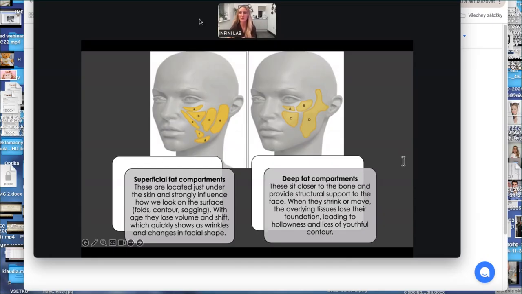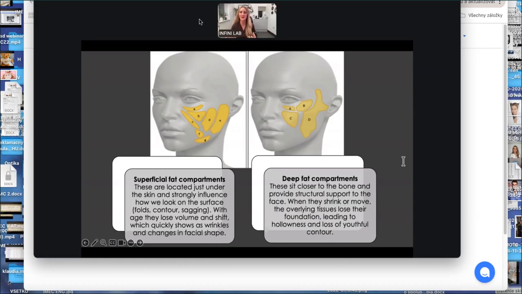So simply speaking, the more body fat we have, the larger the deep fat pads, and probably on the face we're going to have that too. How can I explain that really quickly? Imagine two people you know, one who is really thin and one who is a little bit overweight.